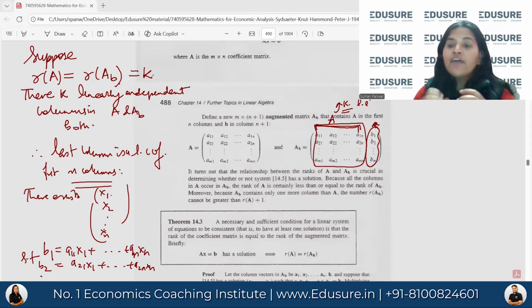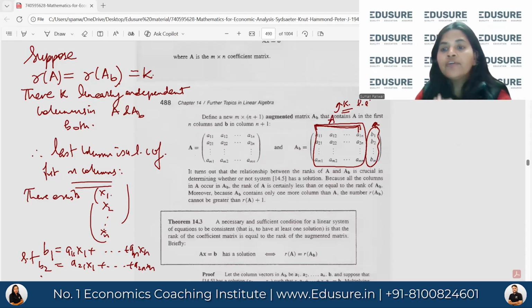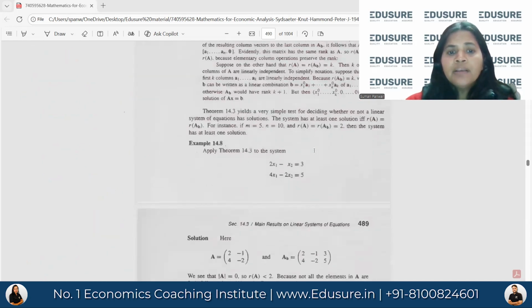So therefore, we have obtained a solution to the system. So always remember that any system of equations will have a solution if and only if the rank of the original matrix is equal to the rank of the augmented matrix.